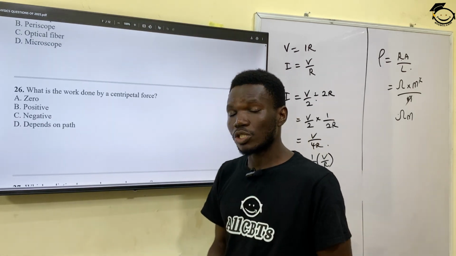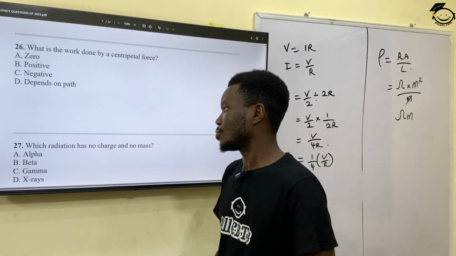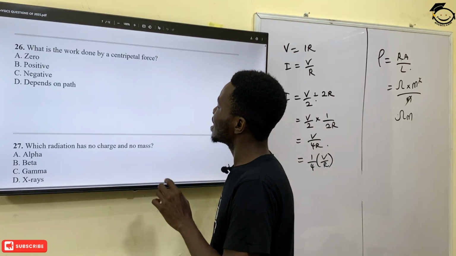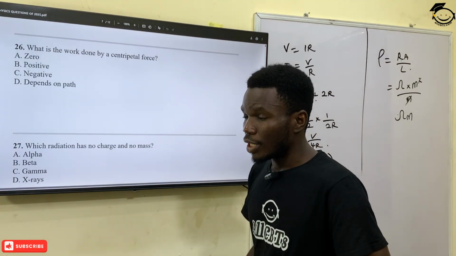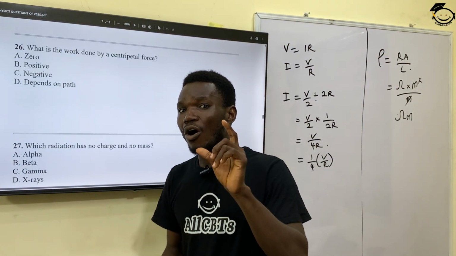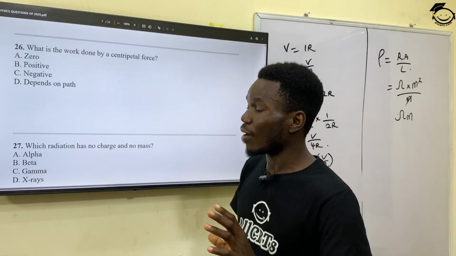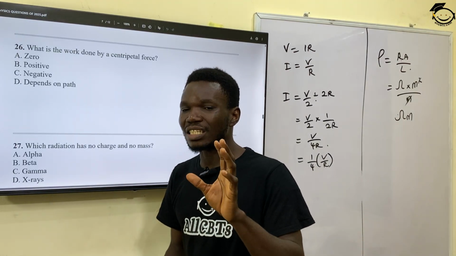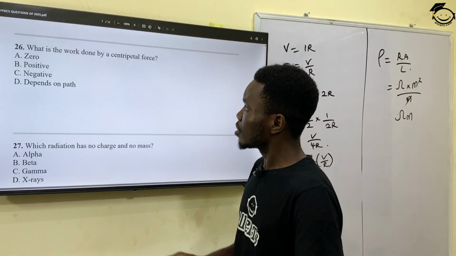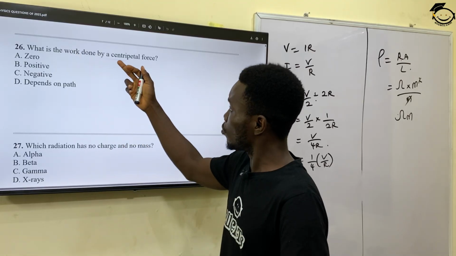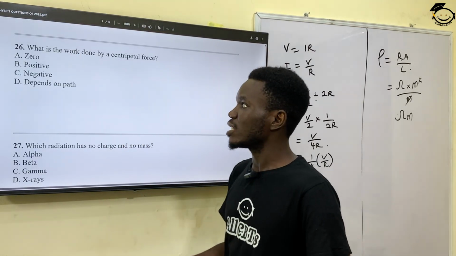So that takes us to question number 26, which says, what is the work done by a centripetal force? A centripetal force does not do any work. Why? Because for a body to be experiencing centripetal force, it means that the force must be perpendicular to the displacement. So automatically it means that the work done by centripetal force here is 0.